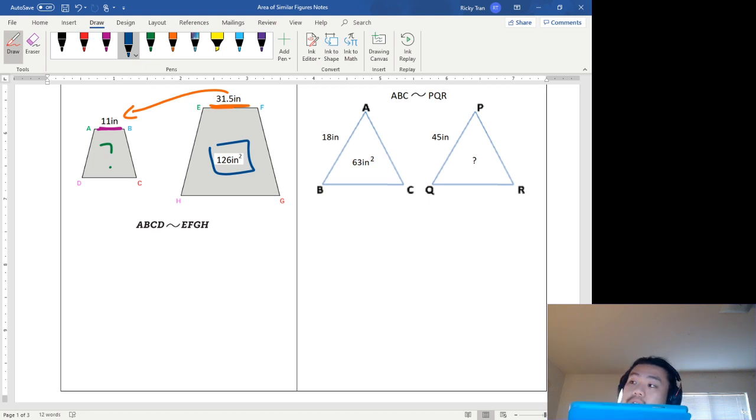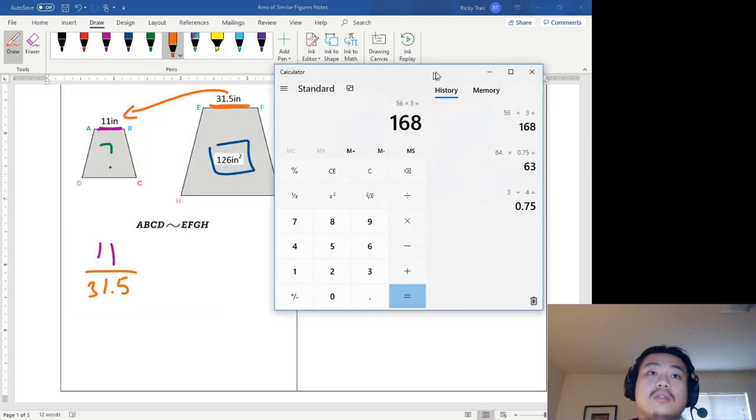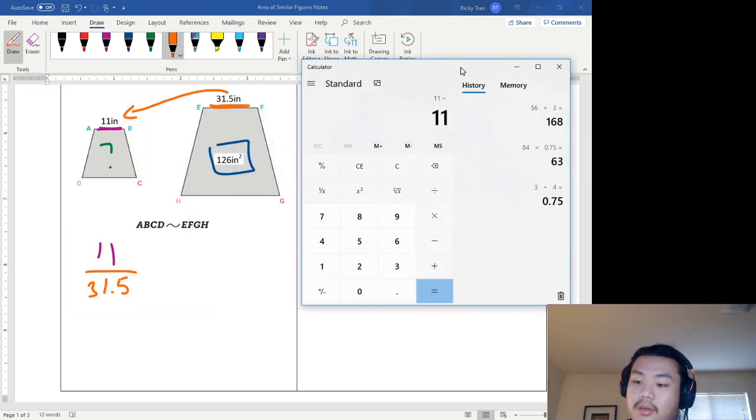Again, the shape with the missing area value is the number that's going to go on top. So 11 is going to go on top, and 31.5 is going to go at the bottom. So what is 11 over 31.5?